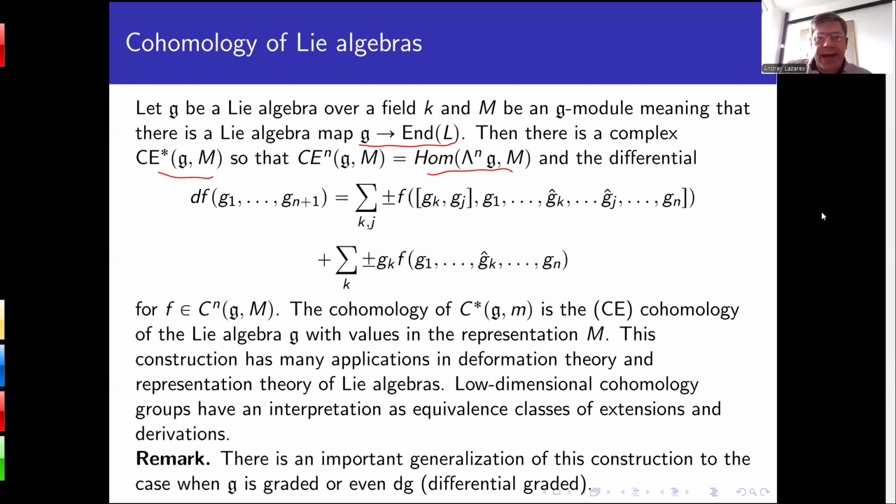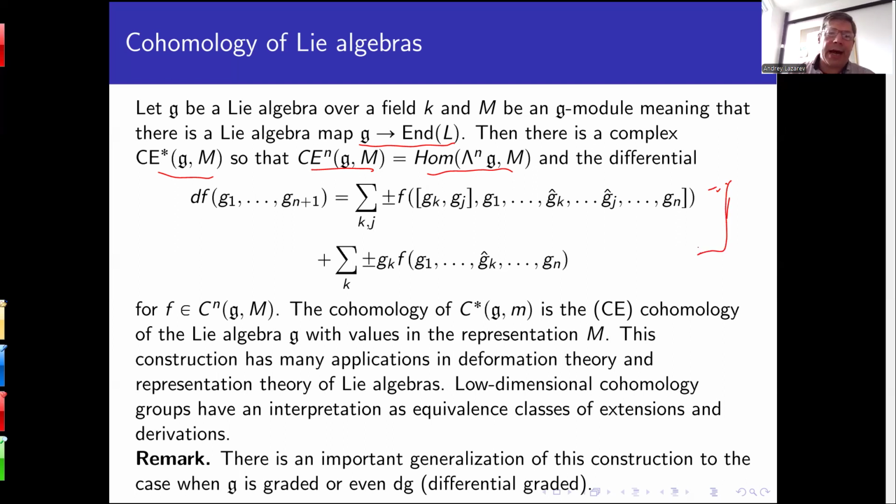Okay, so I was saying that CE of G, M is the Chevalley and Eilenberg complex of M, and its group of nth cochains is defined as the group of linear homomorphisms from the nth exterior power of G into M. The differential is given by the familiar formula.